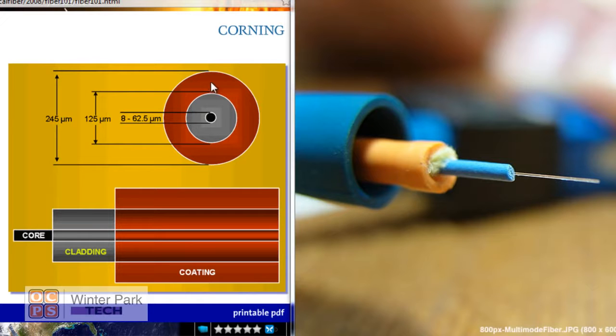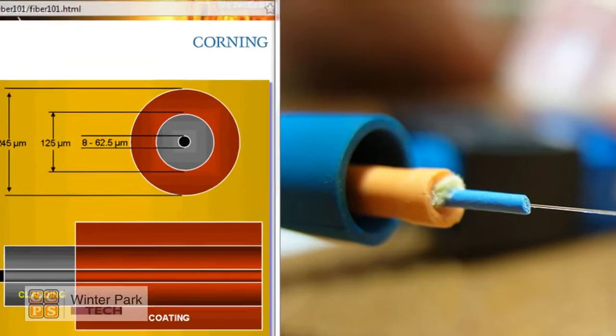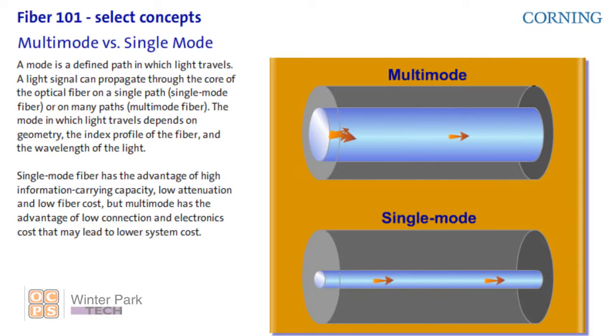You typically have to have a 200 power microscope in order to see this tiny dot. 200 times. This is an example of multi-mode and single mode, and you can see the relative differences in their size. Remember, multi-mode is typically what we're going to use in the local area network. Verizon, Sprint, BellSouth are going to be single mode, long distance runs.